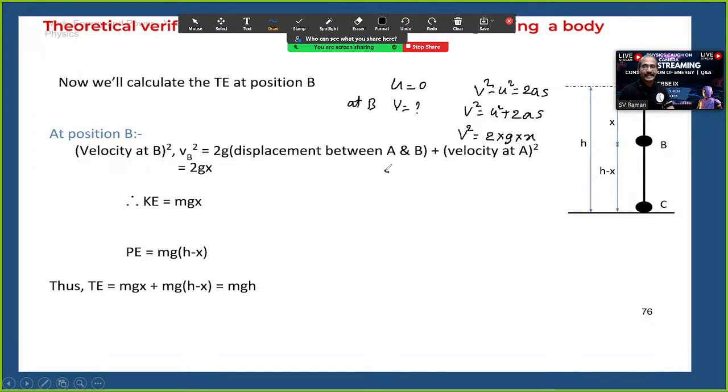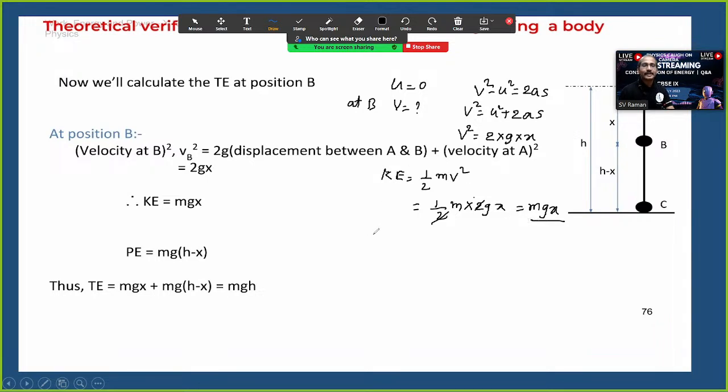We need kinetic energy. Kinetic energy KE is equal to half mv square. Now that is equal to half into m into v square value. How much did we get? 2gx. The 2 will be cancelled. Finally mgx. So kinetic energy we got as mgx.